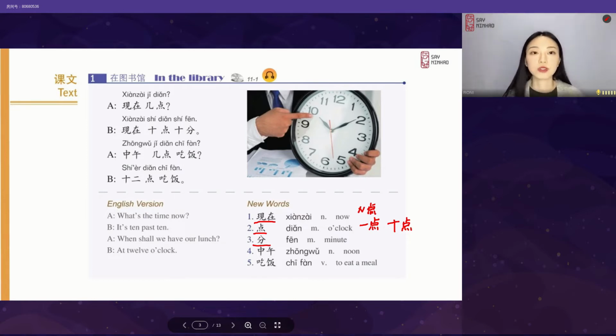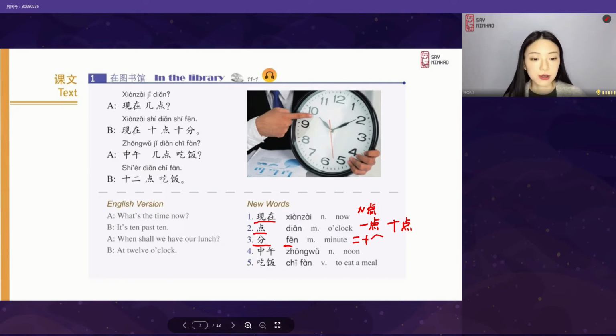Next one is 分. 分 is used to express minute because 点 is just used to express the hour. So we need a 分 to express the minute. For 分, read after me please. 分, 分, it means minute. So if it is 20 minutes, then it is 20分.